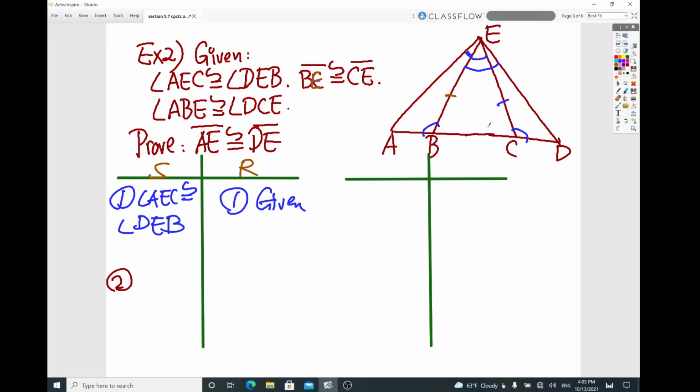So what we can say is angle AEC minus angle BEC is the same as angle DEB minus angle CEB. And the reason for that is the angle subtraction postulate.